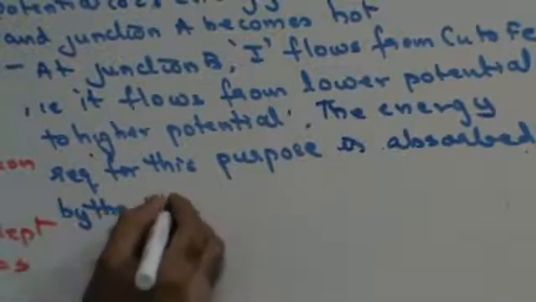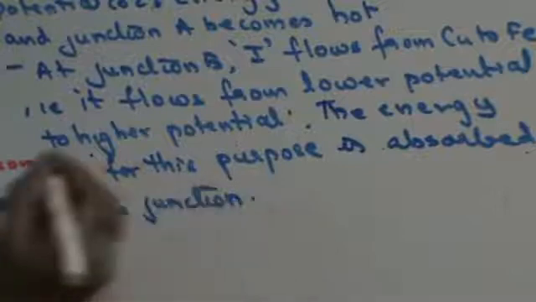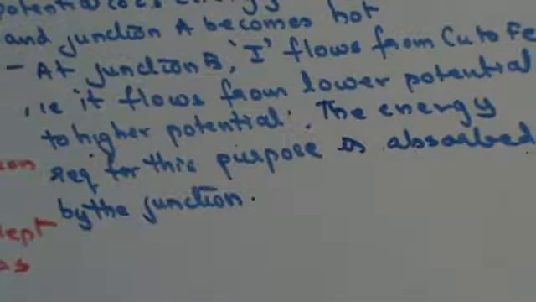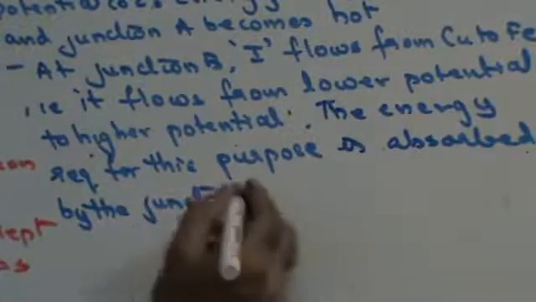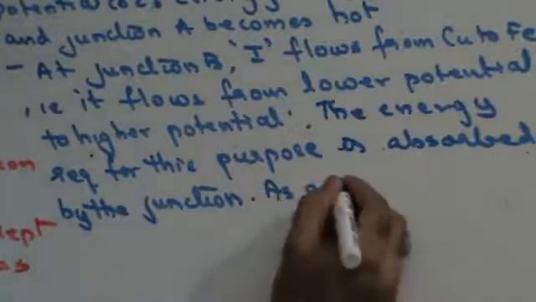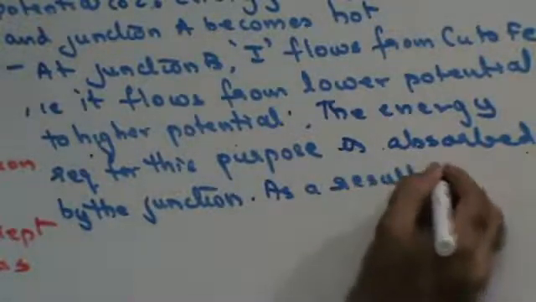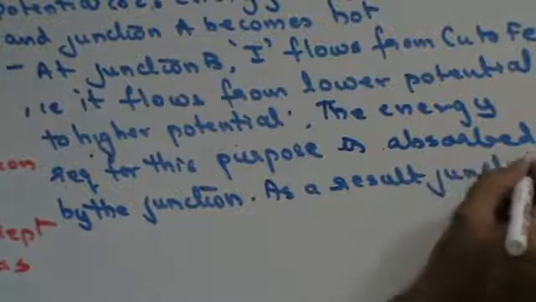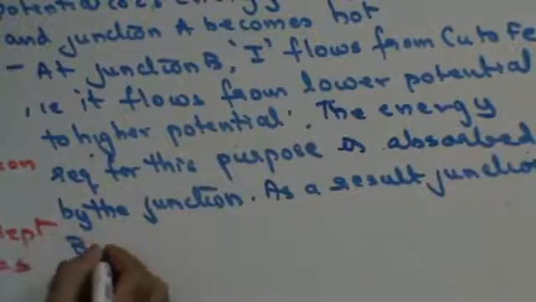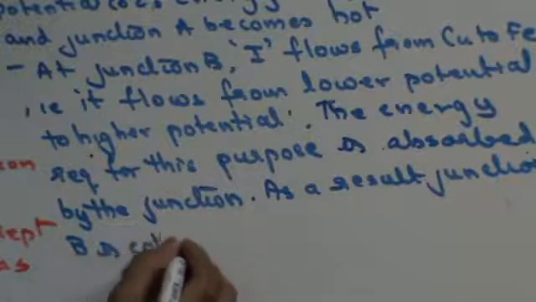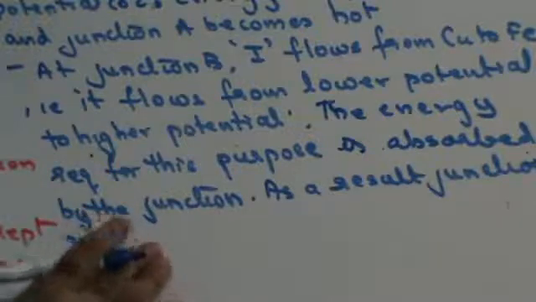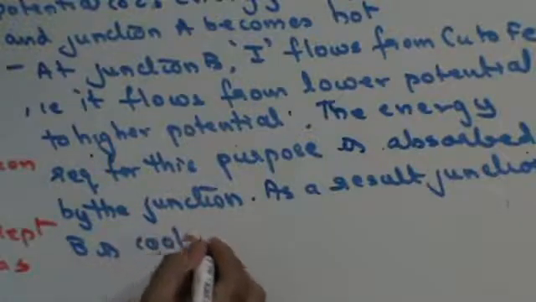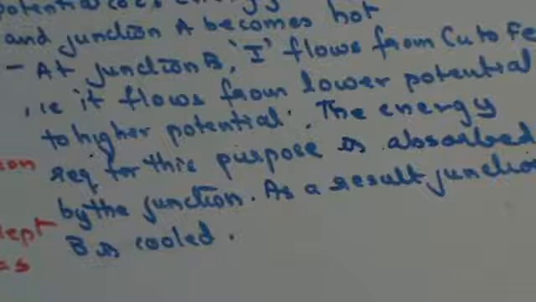As a result, junction B is cooled. So that is the reason why one junction would become hot and the other junction would become cooled, right?